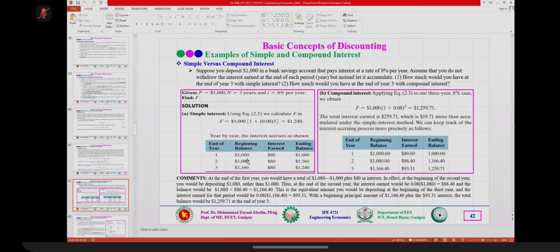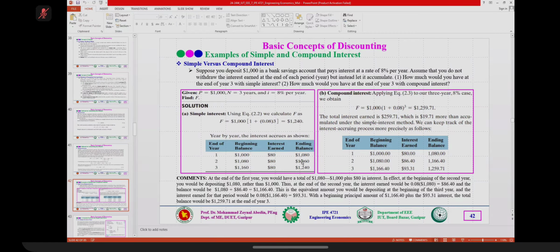1,080. And interestingly, as it is simple interest, every time the earned interest will be the same, P into i, nothing else. So every time 80 will be added to that value, and it is now the ending balance after the second year.